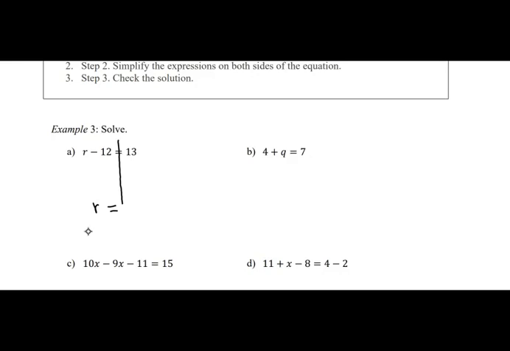Here, because I am already subtracting the 12, I need to undo that operation. So if I add 12 to both sides, plus 12 and plus 12, negative 12 plus 12 will give me a 0. So I will have r plus 0 equals 13 plus 12 is 25. And then I can drop the 0 and say r equals 25.